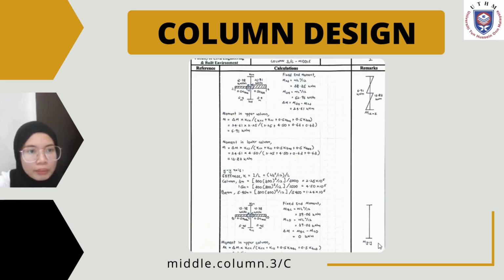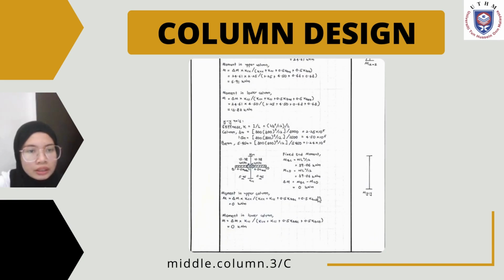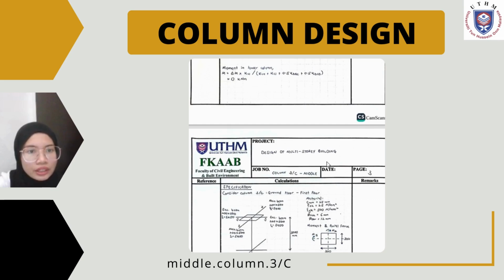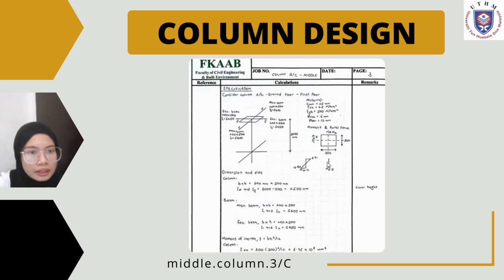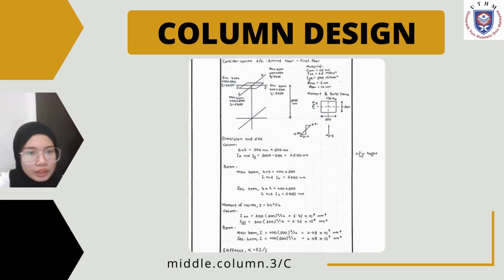For moment Y, we got like this because the FEM at two parts is the same, and after we differentiate it, we got 0 moment. Next, we check the classification for this column, and this is the specification and body diagram that we use.